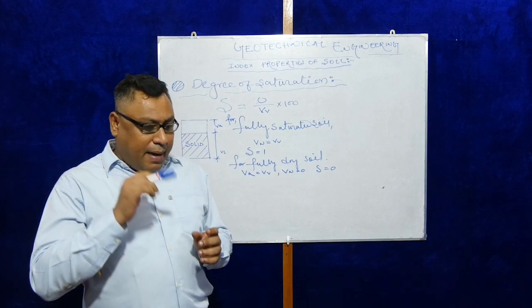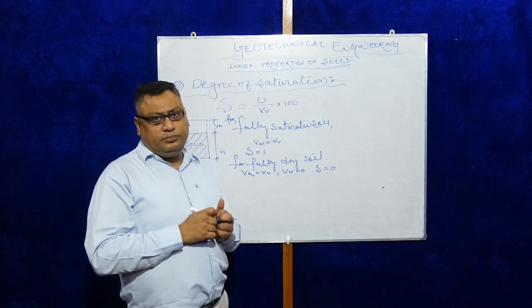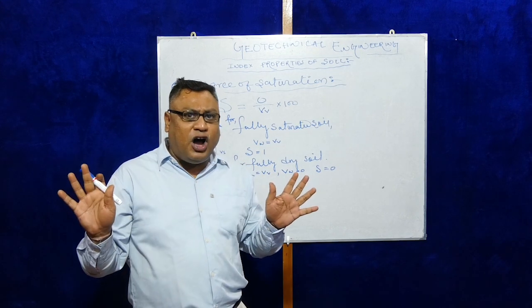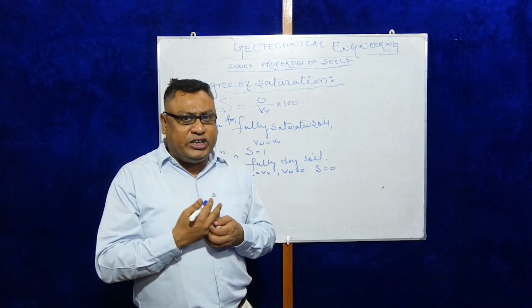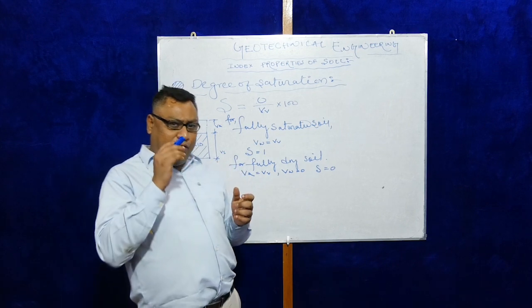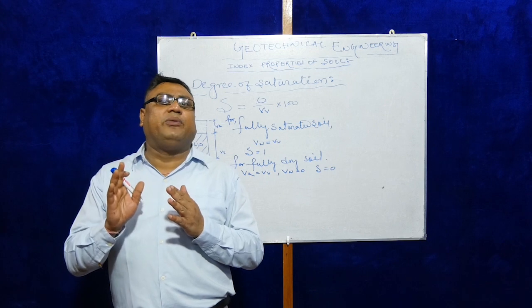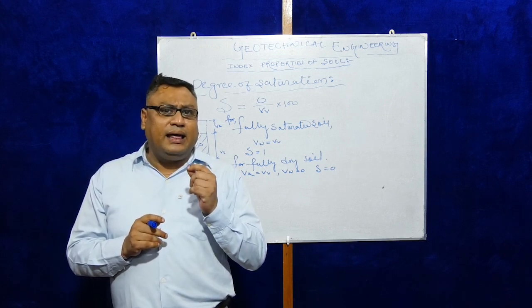Now, same as the upper limit of void ratio: there is no upper limit for void ratio, and lower limit of void ratio is always greater than 0. And for porosity, the upper limit is less than or equal to 1, and lower limit greater than 0.